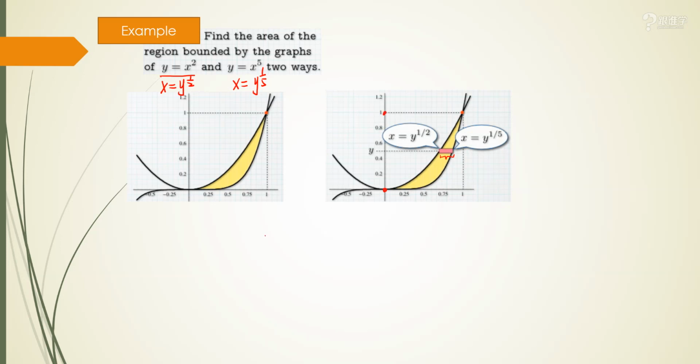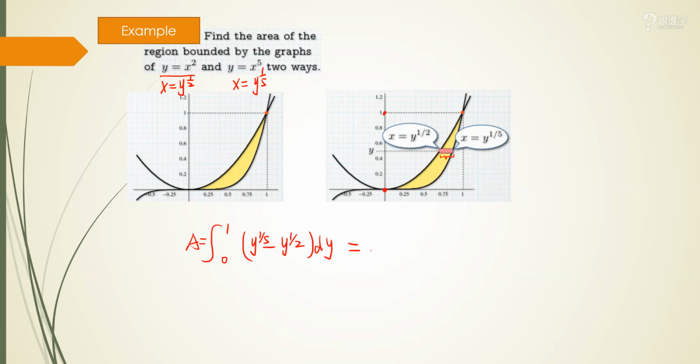So the integral proceeds straightforwardly as the integral from 0 to 1 of the length of the horizontal slice, y to the 1/5 minus y to the 1/2, all times dy. This time let's also anti-differentiate each term.